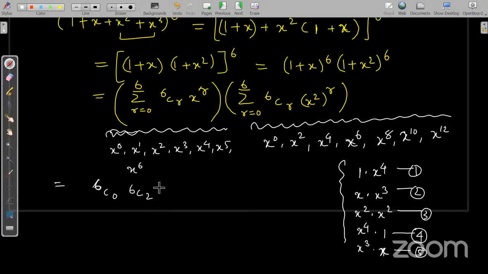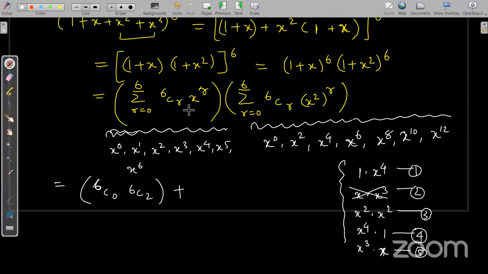So 6C0 into 6C2. Plus x into x cube, that is 6C1 into x cube from x square to the power r. For what value of r does x square become x cube? It is not possible, so this is not a case. We will not consider this case.